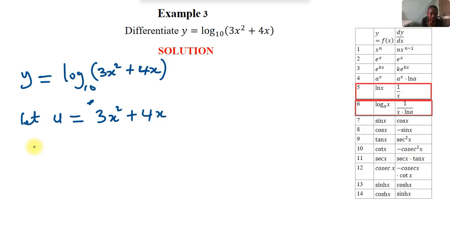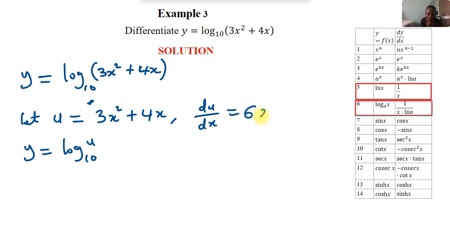So I will rewrite my y as y equals log u base 10. Let me take the derivative of u with respect to x. It will give us 6, because the 2 will come down here. We have 3 times 2 because the 2 is coming down to meet the 3. So that will be 6.